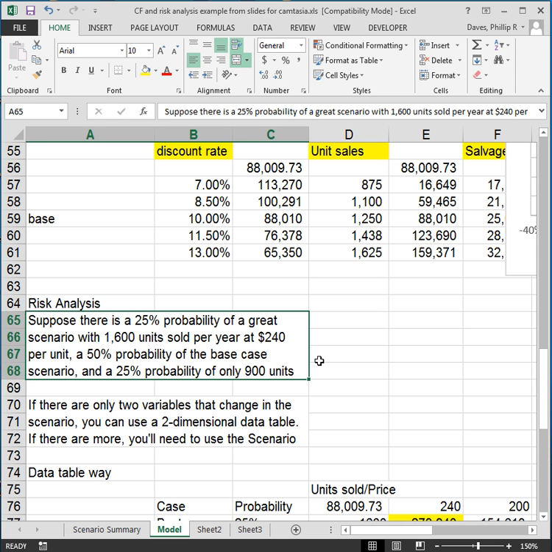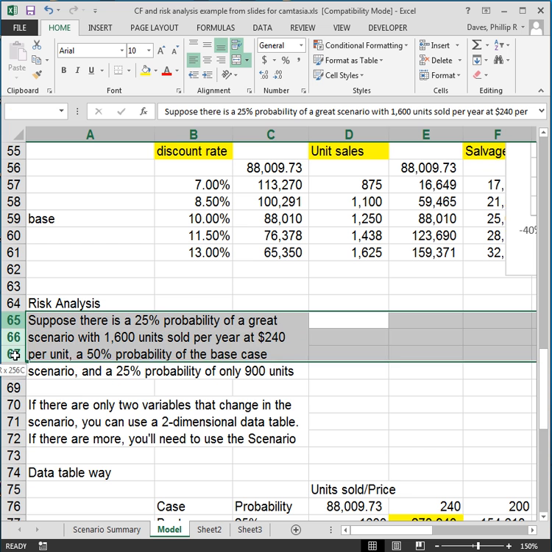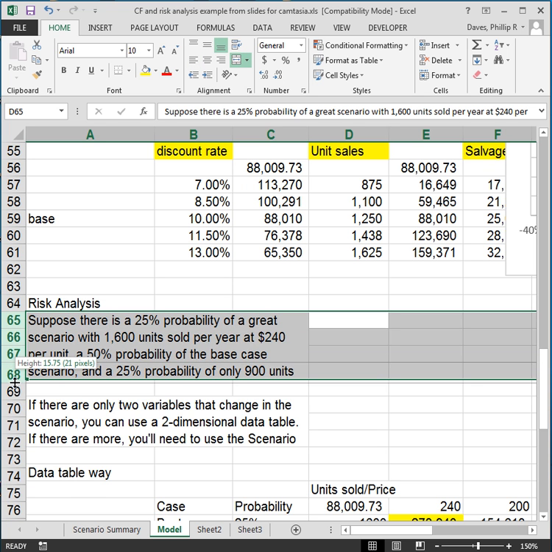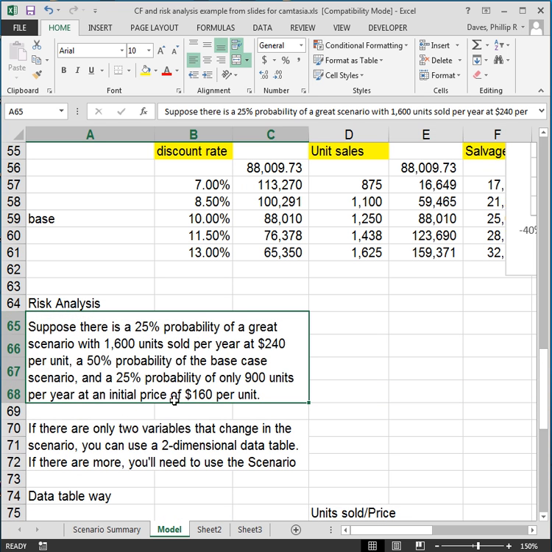There's a 50% probability of our base case scenario, which was 1,250 units at $200 each, and there's a 25% probability of a really bad state of the world in which we sell only 900 units, and the selling price is $160 a unit. So we've got a really good scenario, the same scenario that we projected, and then a really poor scenario.